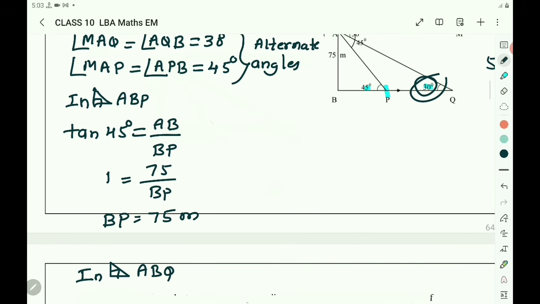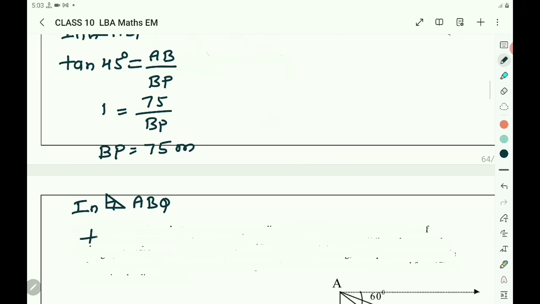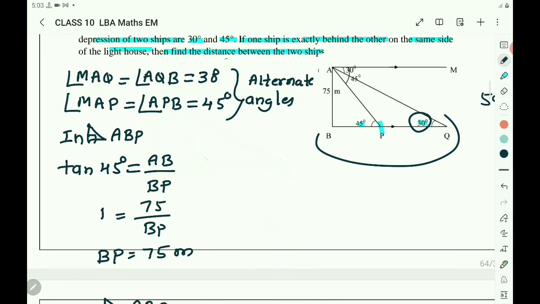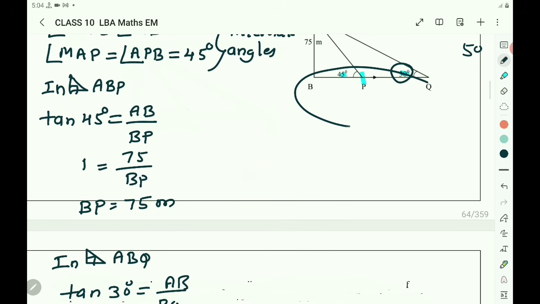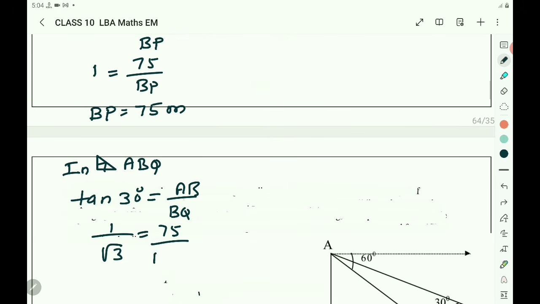So you write tan 30 is equal to opposite side AB by adjacent side BQ. Tan 30 is 1 by root 3. AB is 75. Then BQ is BP plus PQ.